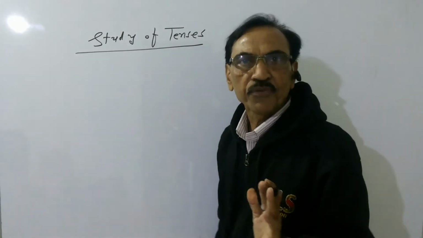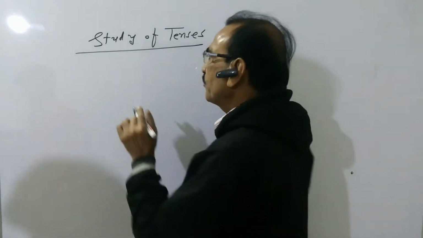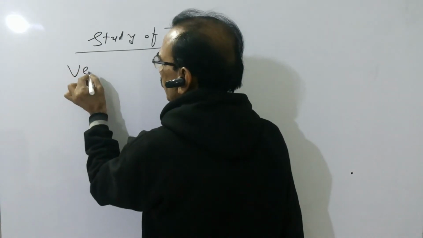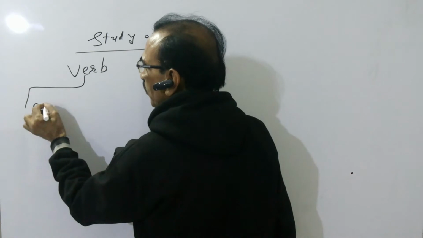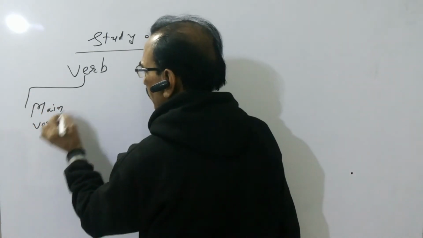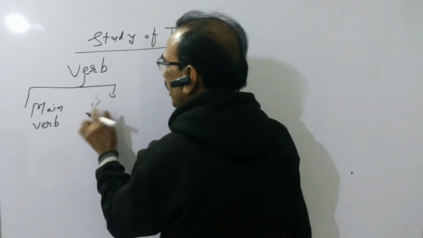Before we start the study of English, I would like to tell you about different kinds of verbs. One can be the main verb as well as the helping verb.